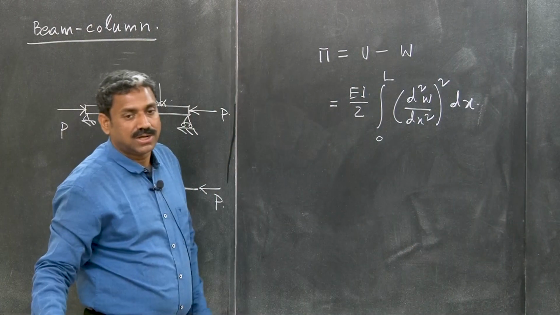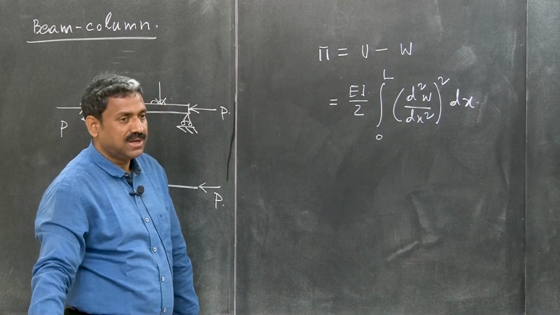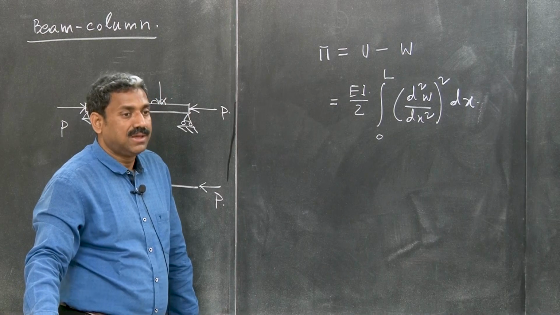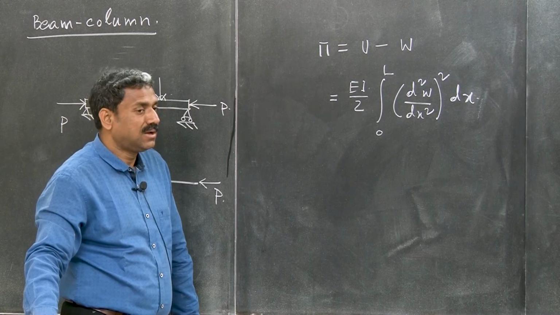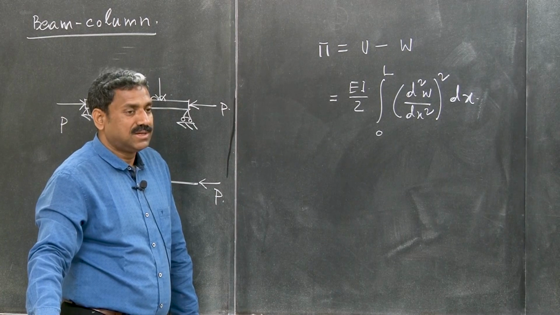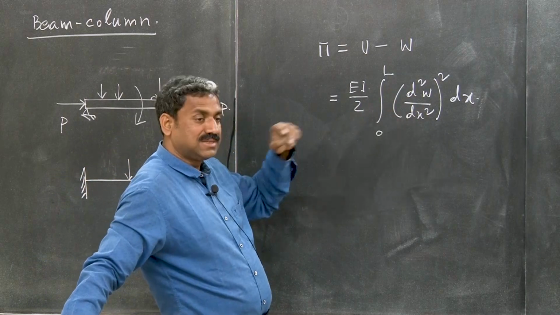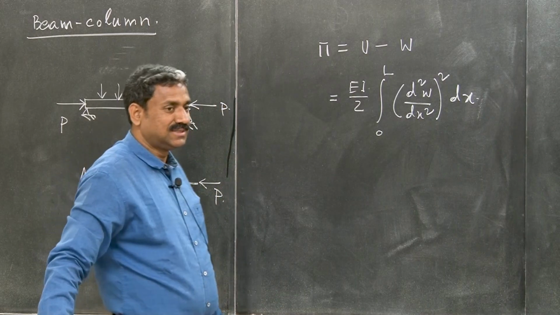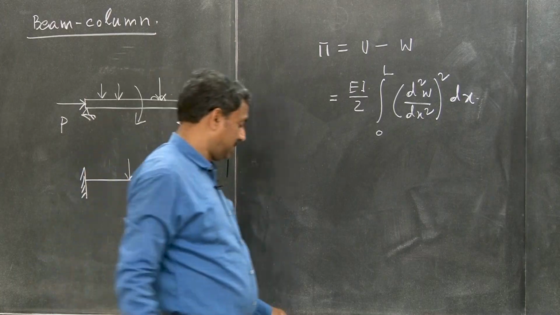Because strain energy of bending is nothing but moment multiplied by curvature. Curvature is d2w/dx2, neglecting higher order curvature terms, and moment is EI times d2w/dx2. So it is EI, it is squared, and the half comes from strain energy being half of the integral of sigma transpose epsilon.